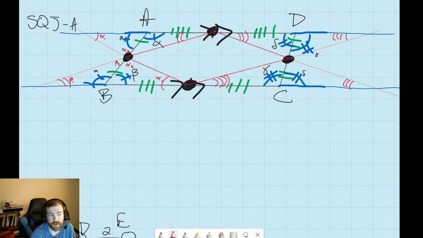Like I said, this is probably going to be a horrible idea, and don't ever do this at home, but, you know. But alpha and beta do not necessarily relate to gamma and delta, because this is a trapezoid and not a parallelogram or anything like that, it can be just about anything.